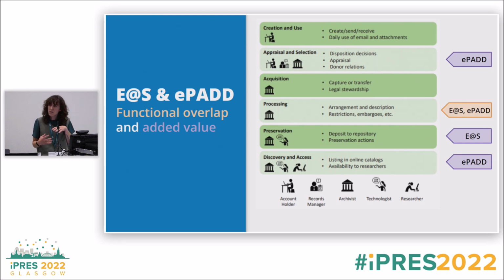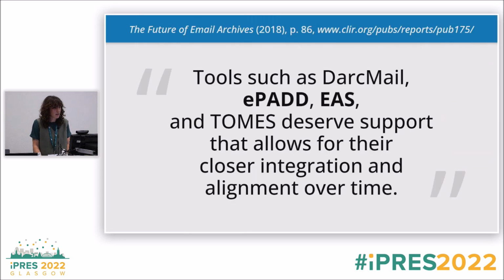So we asked, how can we start making these work well together? Here is another quote from the Future of Email Archives report, mentioning some of the other great tools in the area too: tools such as DArcMail, ePADD, EASE, and TOMES deserve support that allows for their closer integration and alignment over time. We took that to heart.